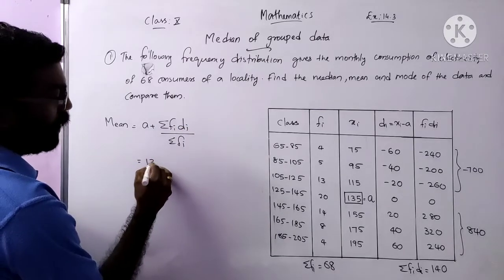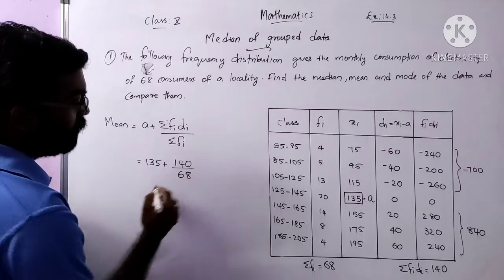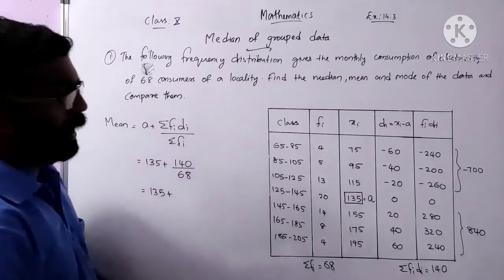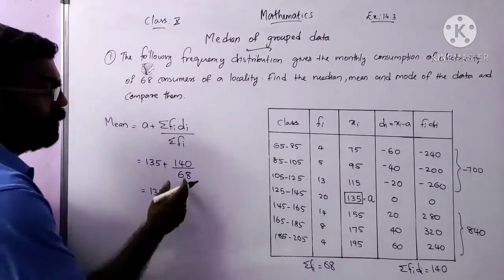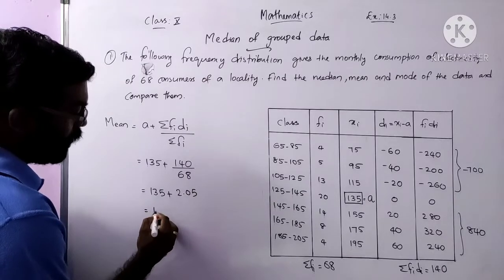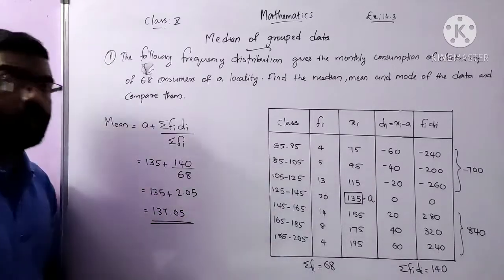So here 135 plus 140 divided by 68. On dividing we get 2.05. Therefore 137.05. This is the mean.